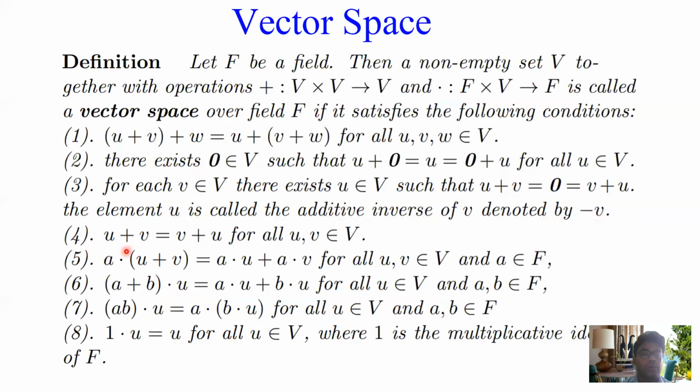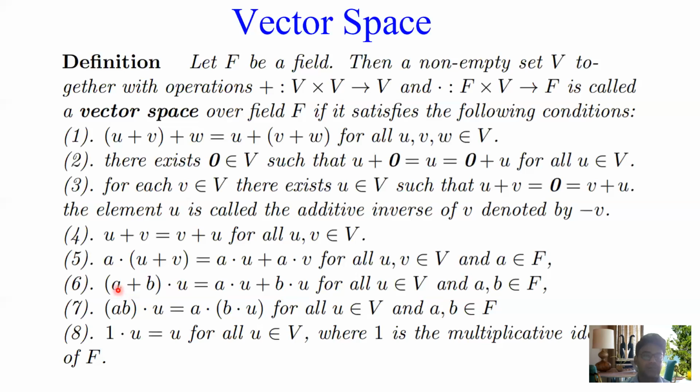Number 4, U plus V is equal to V plus U for all U, V belonging to V. That is the commutative property under the operation plus. Number 5, A dot (U plus V) is equal to A dot U plus A dot V for all U, V belonging to V and A belonging to F. This is called the distributive property, with the left side operation A dot (U plus V).